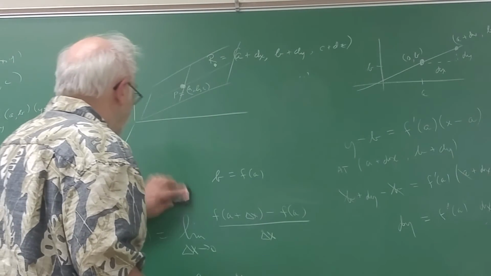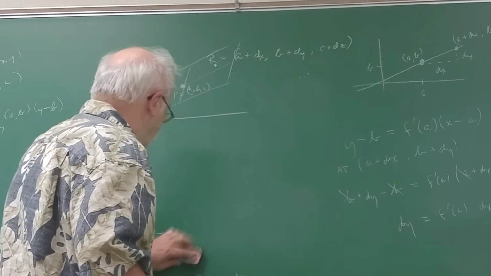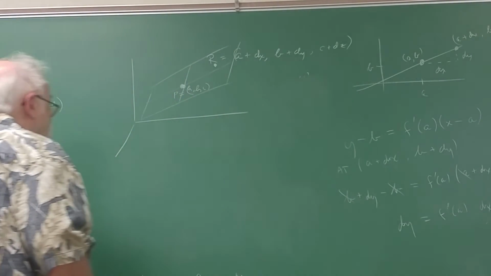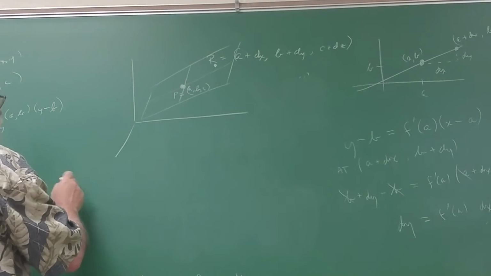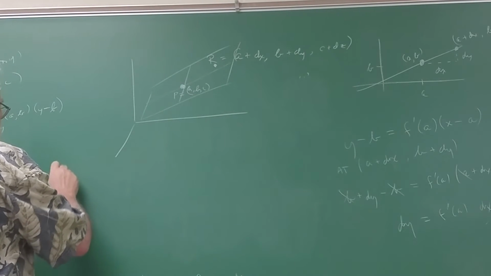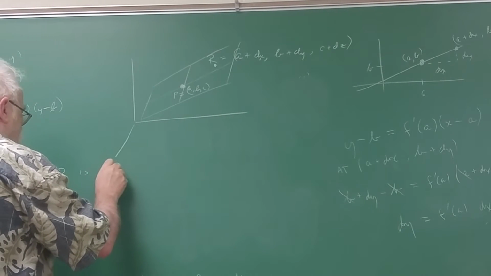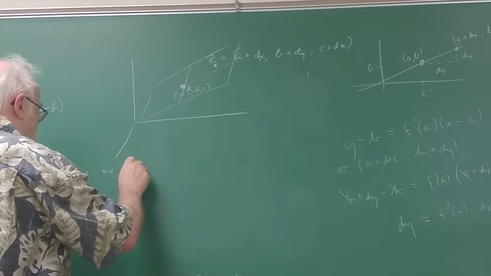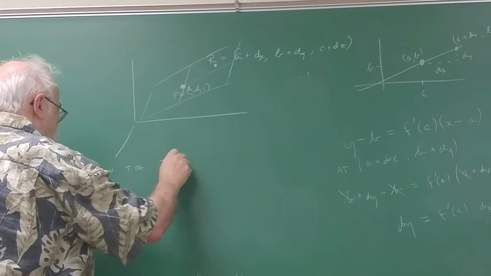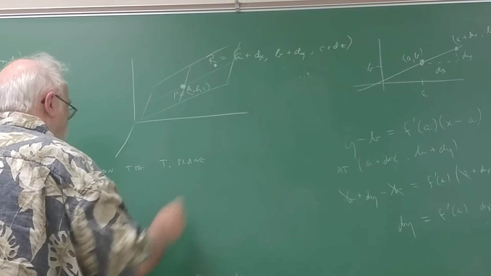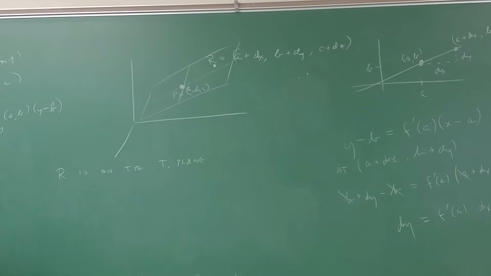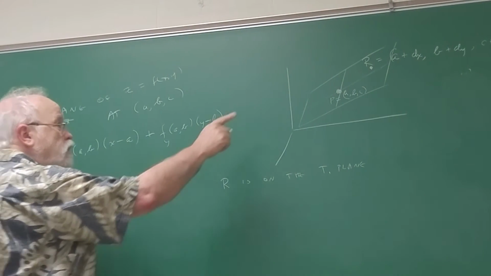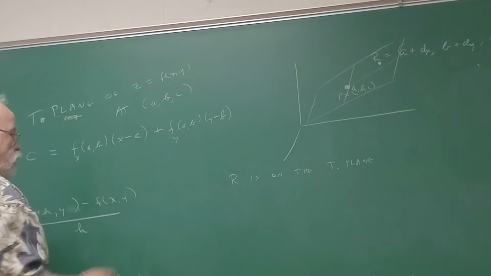So, putting this in here, R is on the tangent plane. And where is it? Right here. Here's the equation of the tangent plane. So I'm going to put these coordinates in here.